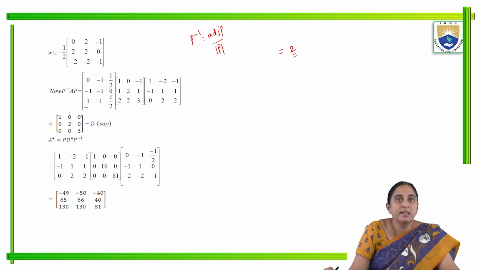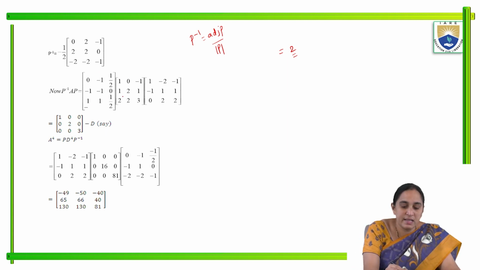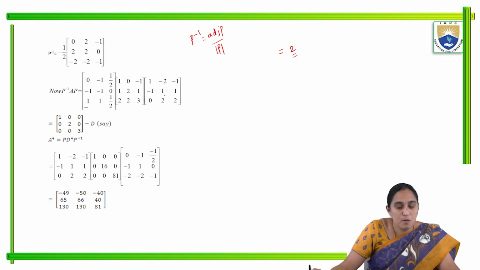Now after getting P inverse, multiply P inverse with A into P. Here we have the P inverse matrix, A matrix and P matrix, multiply the 3. With scientific calculators it is easy to multiply the 3 matrices, or else we have to apply the manual procedure, which will take a very long time.